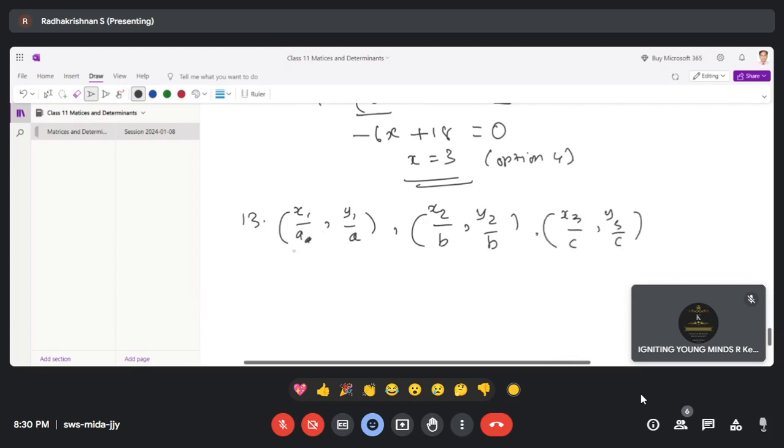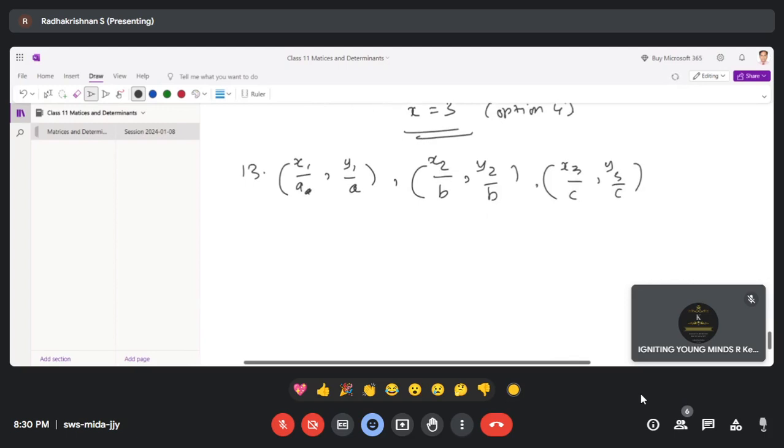So if three vertices of a triangle are given, area is equal to the determinant 1, 1, 1, x1 by a, x2 by b, x3 by c, y1 by a, y2 by b, y3 by c.